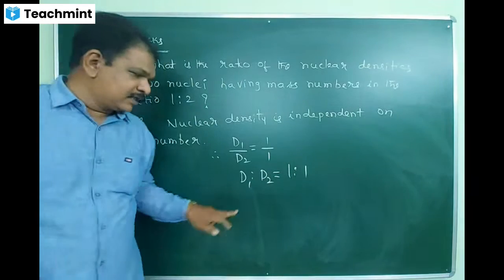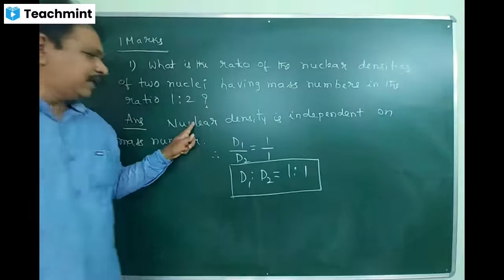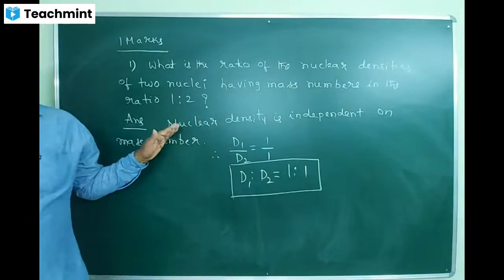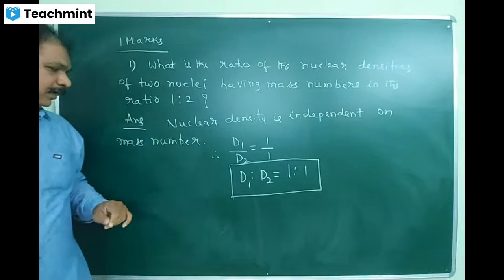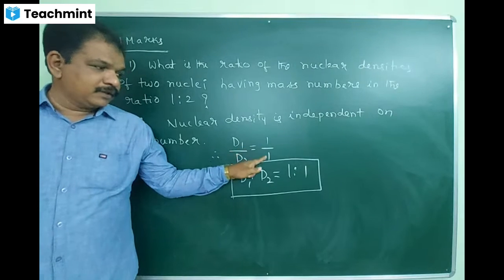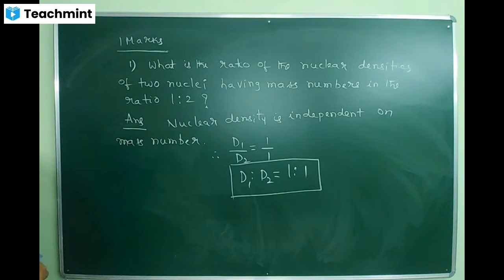If you write just this line, that is enough. No need to write this one also, it is for your understanding. Nuclear density is independent of the mass number. d1 by d2 is equal to 1/1, or d1 is to d2 is equal to 1:1.